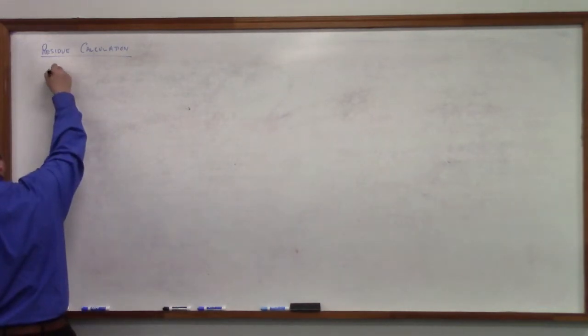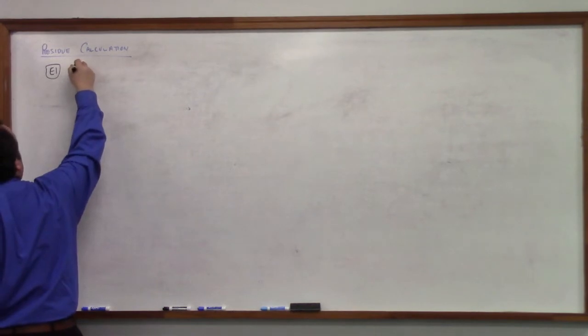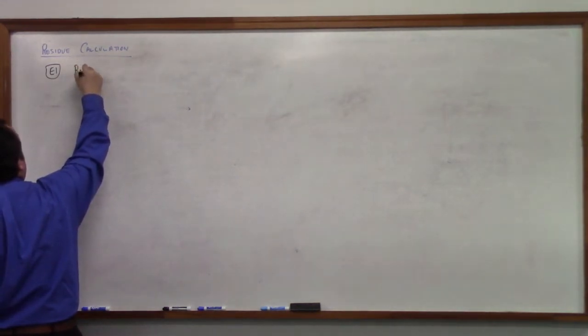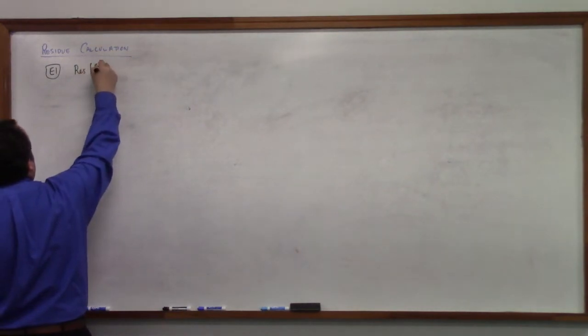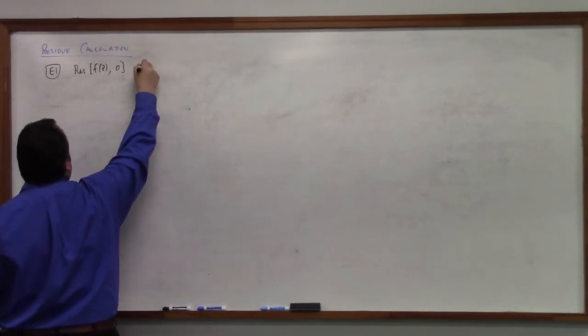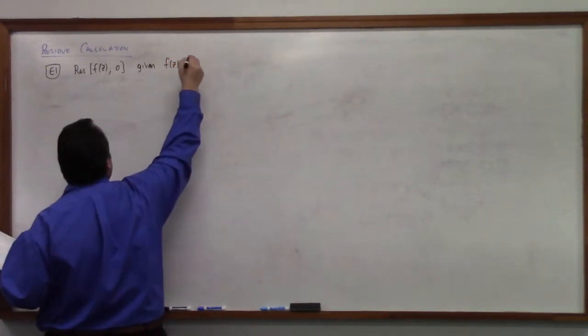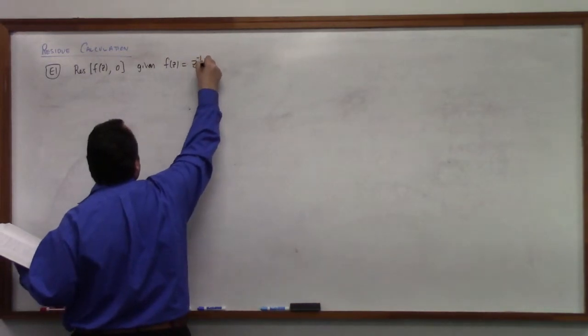Example 1. So here, we're going to calculate the residue of f of z at 0, given f of z equals z to the minus 1 e to the z.